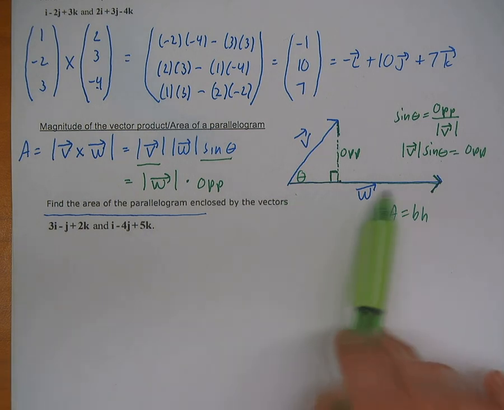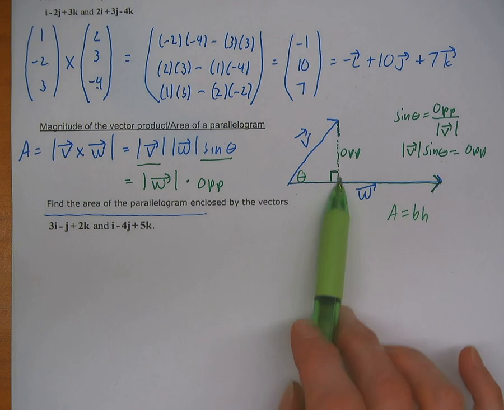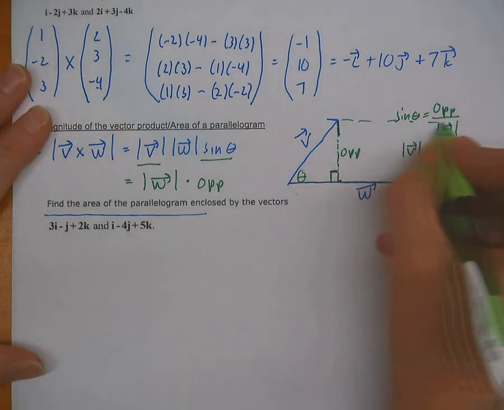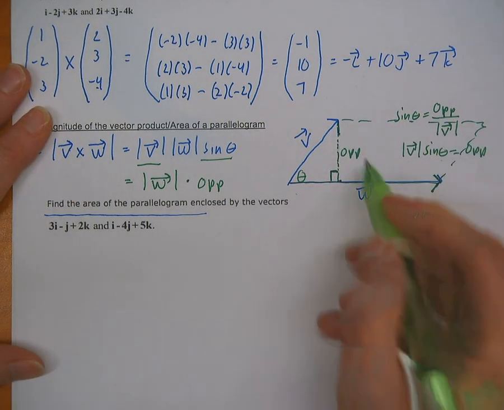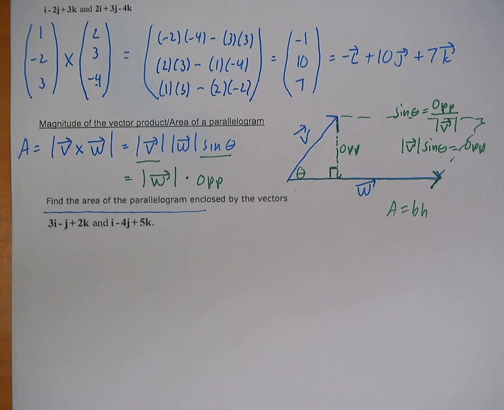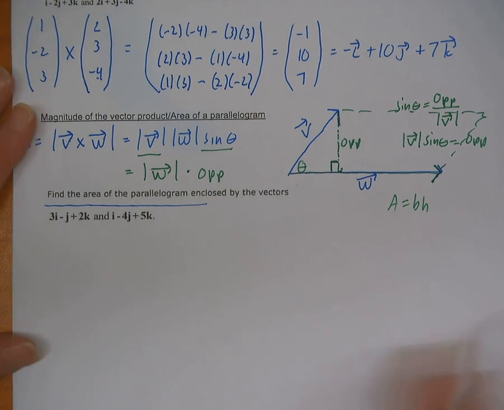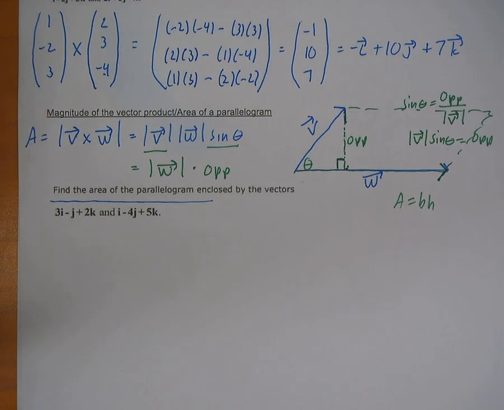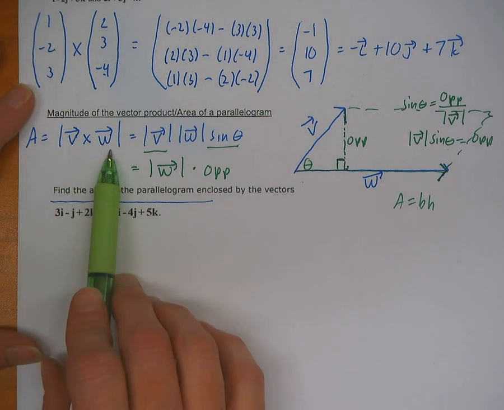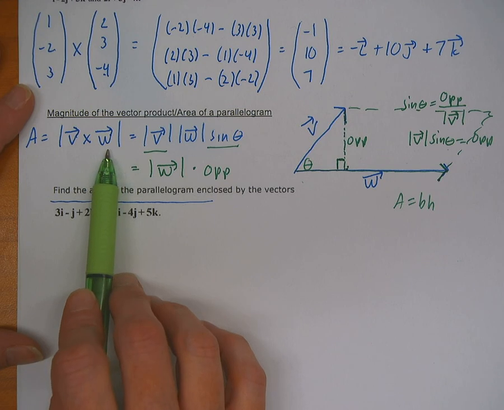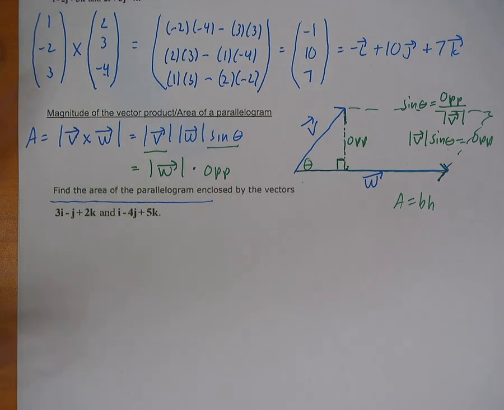We have the length of vector w multiplied by what would be the height of our parallelogram, because that would be the opposite side of theta. So this is just a reconfiguration of the area formula for a parallelogram, but using a vector product. When we find the magnitude of the vector product, we are actually finding the area of the parallelogram that is formed. So let's go ahead and do that.